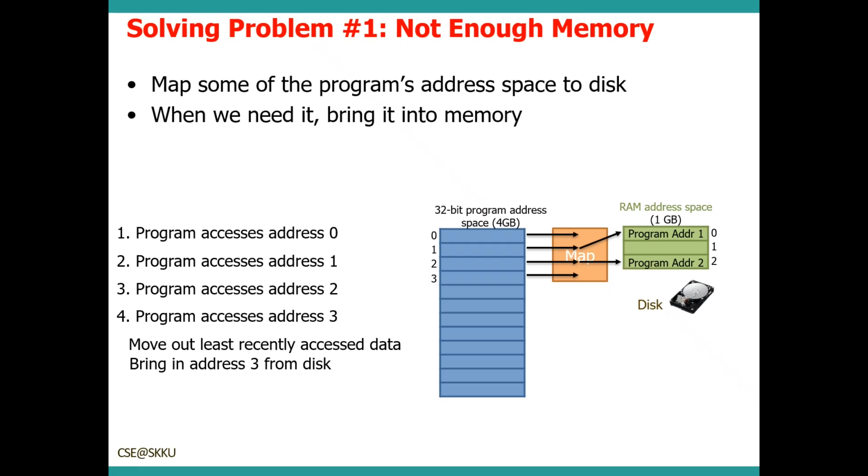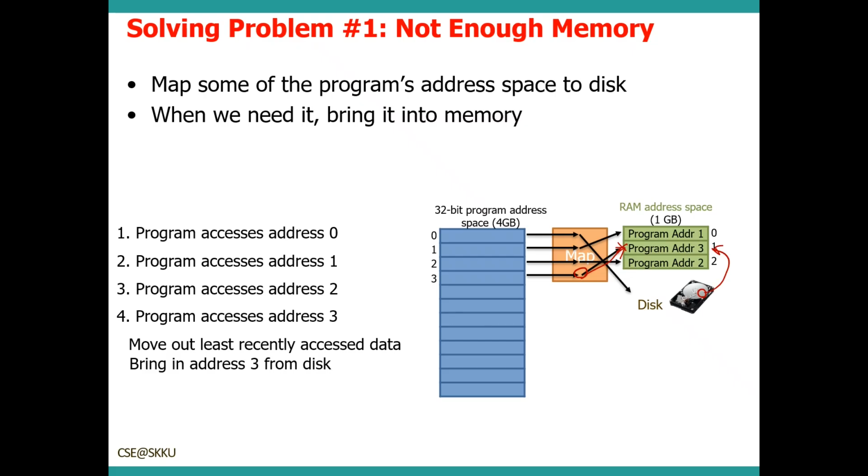So we remove the data here, for example, then the data for address 3 is moved from disk to this memory location first.